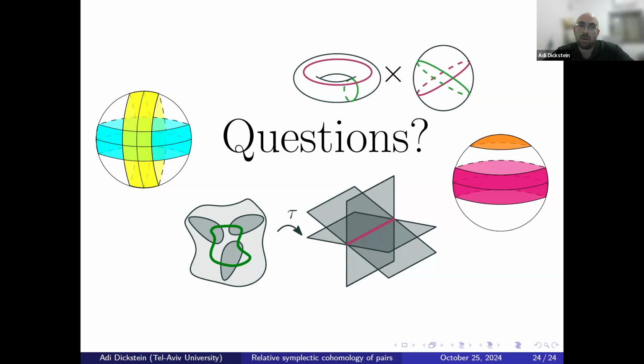So it really depends on our situation. There are sometimes topological reasons, like in the case of the torus, where there are no holomorphic spheres. So that's one of the reasons why we saw the topological restrictions there in the torus.